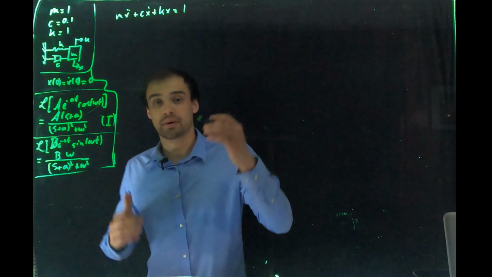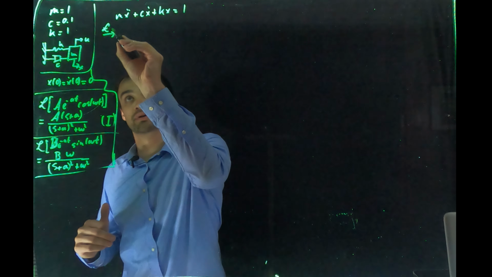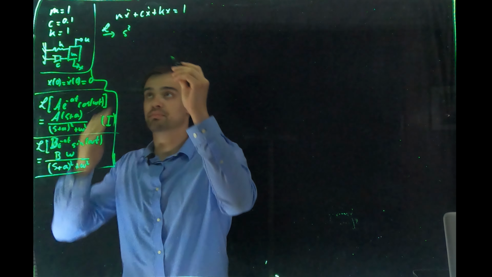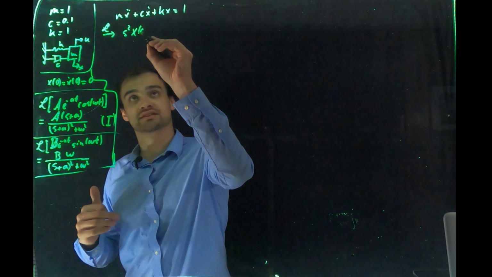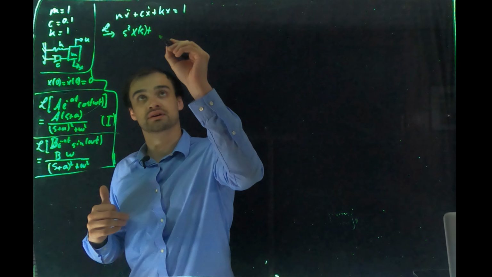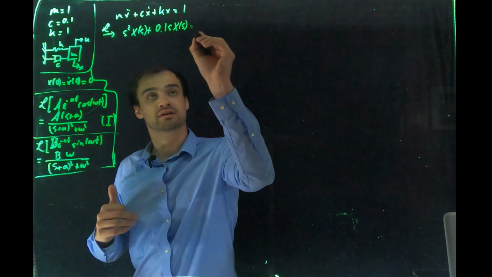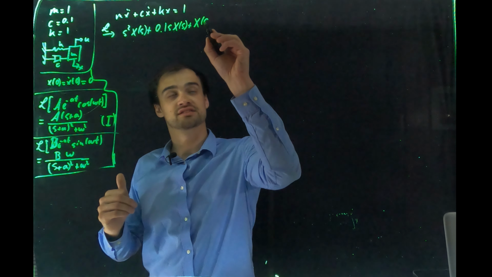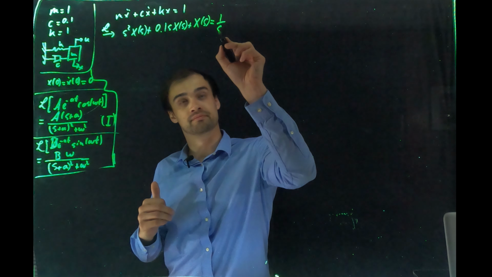I'm starting off by putting the Laplace transform on this problem. Applying the Laplace transform and plugging in the variables which are given will result in s squared X(s) plus 0.1 s X(s) plus X(s) equal to 1 by s.